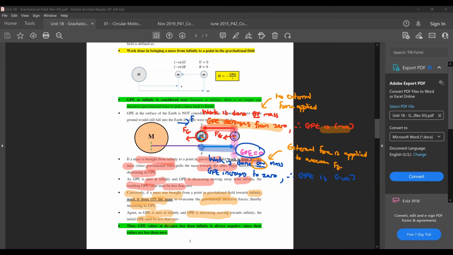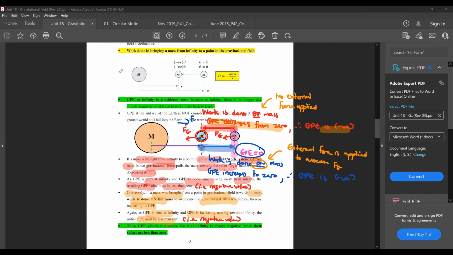I think probably I should write this now. If it's less than 0, that means negative value. Okay. So GPE values at any point less than infinity will always be negative.